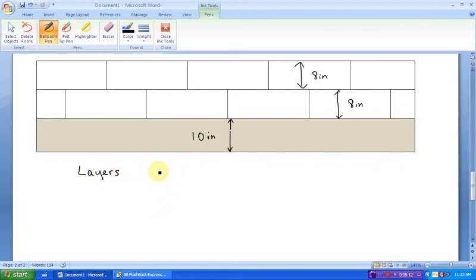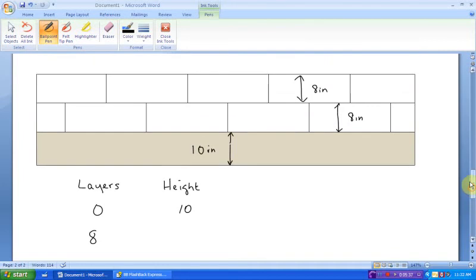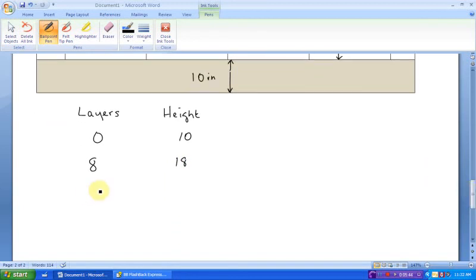Suppose we have 0 layers. We have just got the base. Then all this top part would be gone here, and the height would be 10 inches. I add a layer on, and now I have 10 inches and 8 inches is 18 inches. Add another layer on, so this should be first layer.